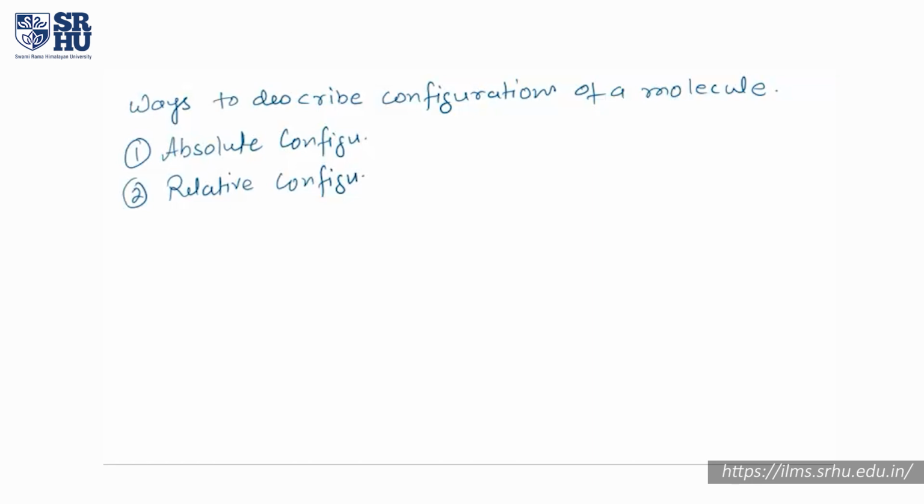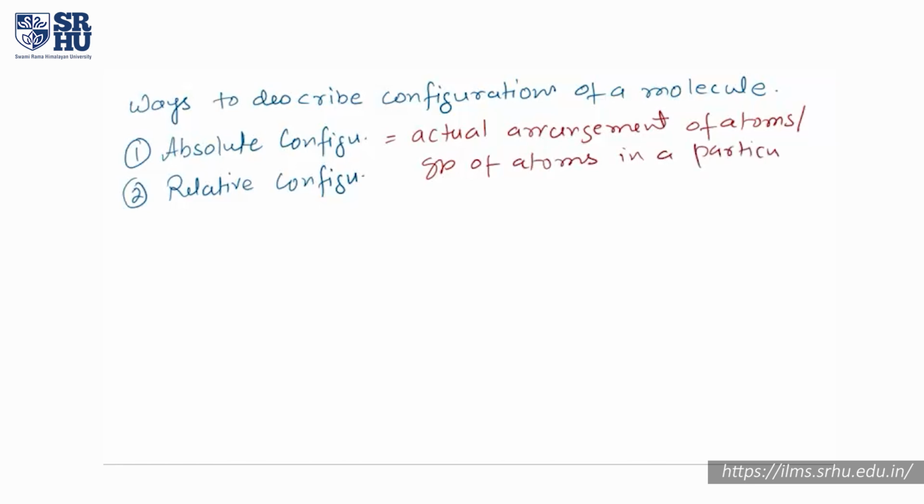By the term absolute configuration, we mean the actual arrangement of atoms or group of atoms in a particular stereoisomer.